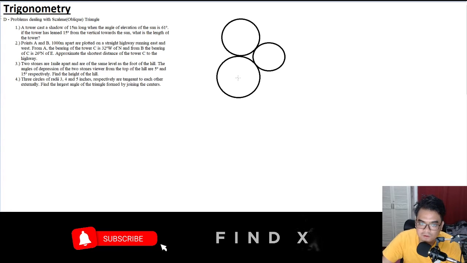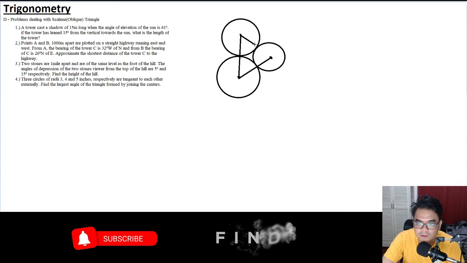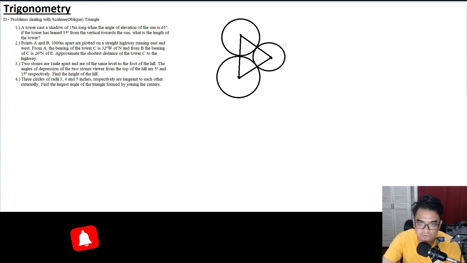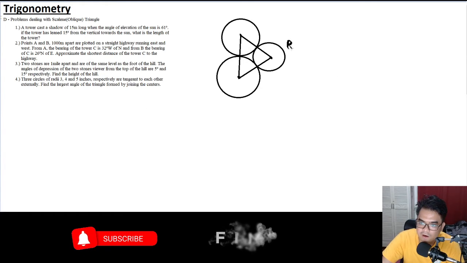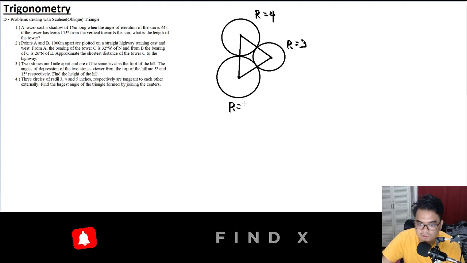Okay, so let's say that this is the center, center, then center. By joining the centers, we have a line here, then a line here, then a line. So we got here the triangle. Now we got radii of 3, 4, 5. So the radius of this circle is 3, this one is 4, and this one is 5.